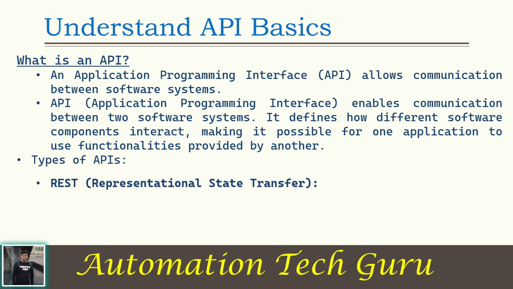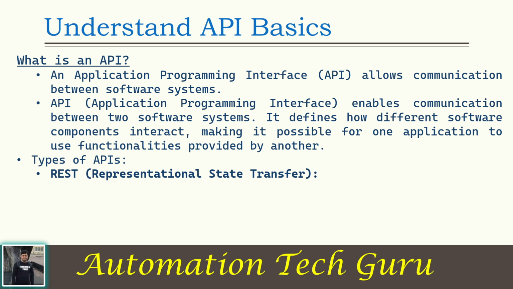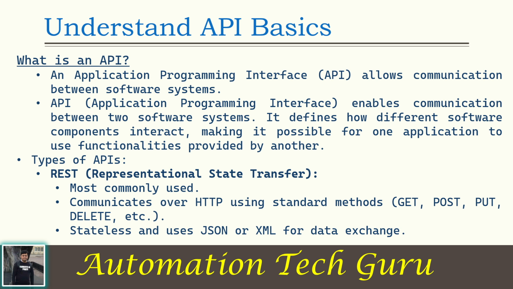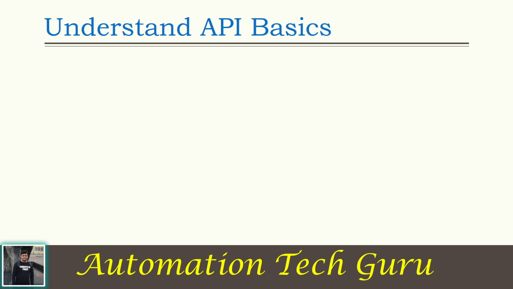Types of APIs: REST, that is representational state transfer, most commonly used. It communicates over HTTP using standard methods: GET, POST, PUT, DELETE, and extra. Stateless and uses JSON or XML for data exchange.